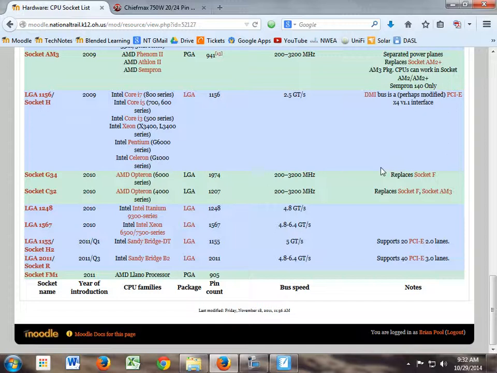If this has 775 connections, then this one has 1,567 connections. Would this one therefore work in that socket even if it fit? No. Okay? They're not interchangeable.